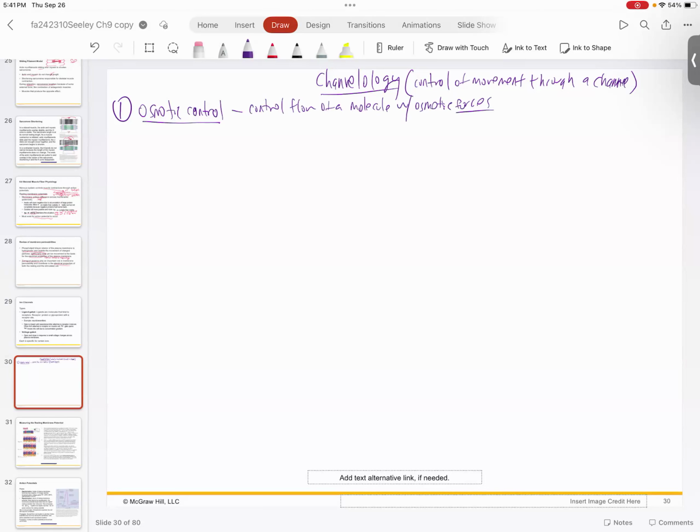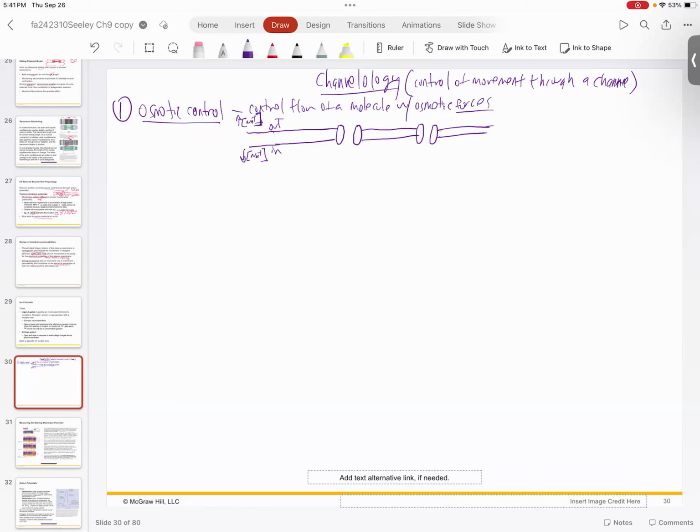I'm going to draw a membrane, and then I'm going to have a channel, and I'll put another channel in there. In this membrane, this is the outside, this is the inside. Along with this, I have a gradient. I've got a high sodium gradient out here and a low sodium gradient on the inside, just like our electrical potential, our membrane potential.